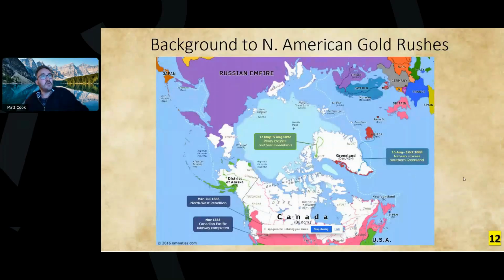So at the very early stages, before the gold rush occurred, we're still in this age of exploration. People are still trying to find their way through; the Northwest Passage had only really just been discovered, and much of Canada itself, particularly up into the Yukon, has been unsettled by Westerners.